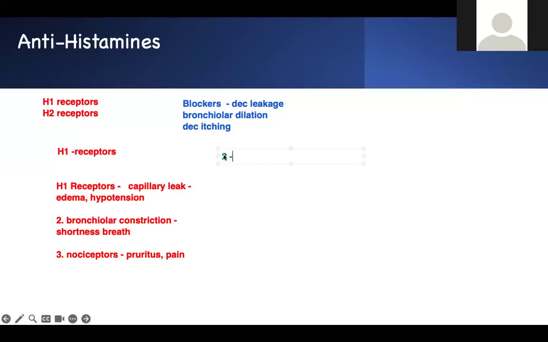Now let's go. There's two types of antihistamines in terms of H1 receptors. There's the first generation ones and the second generation. The first generation are like diphenhydramine, right? You already know them. This is Benadryl. Then you have meclizine.